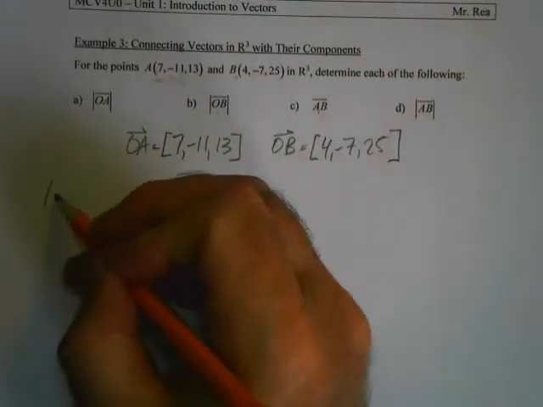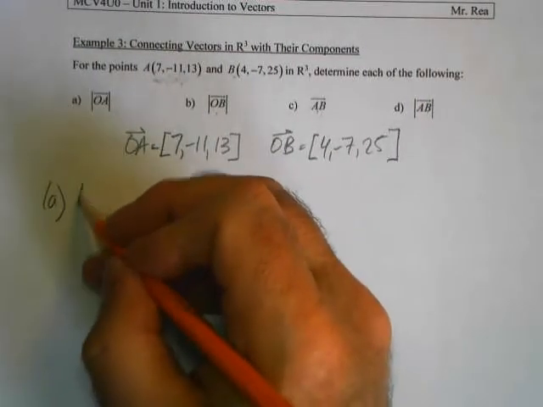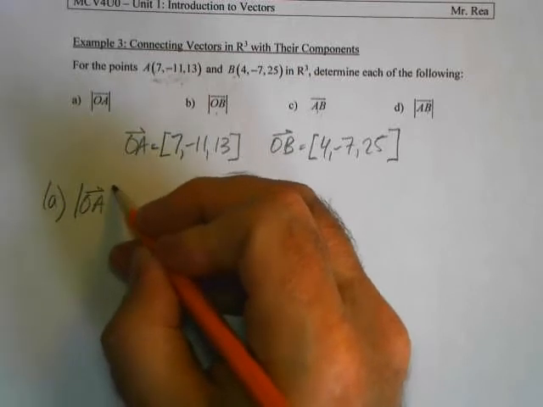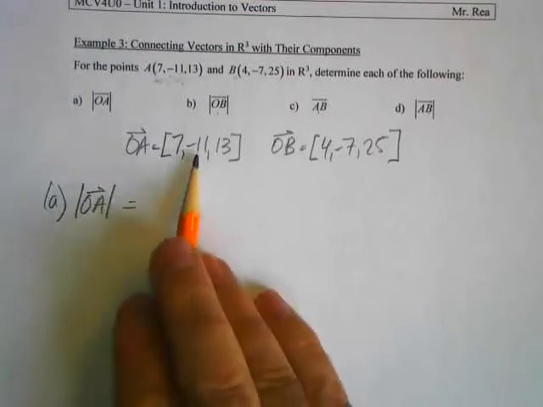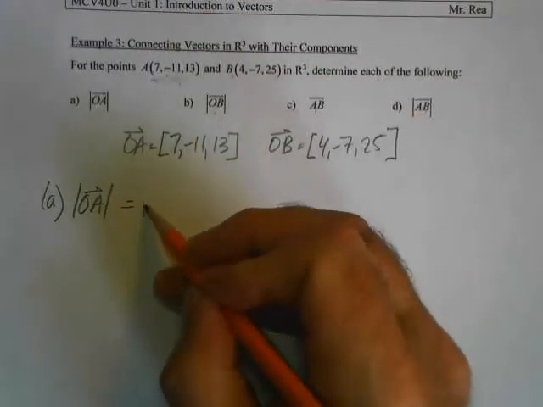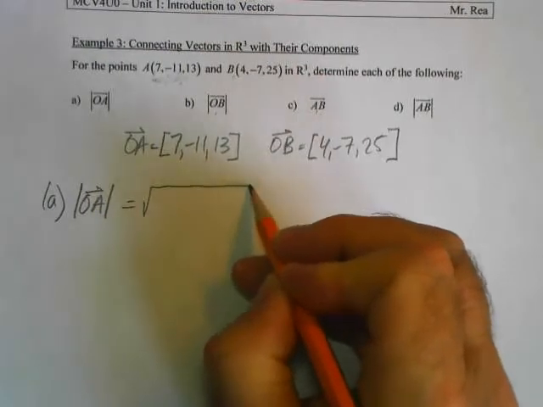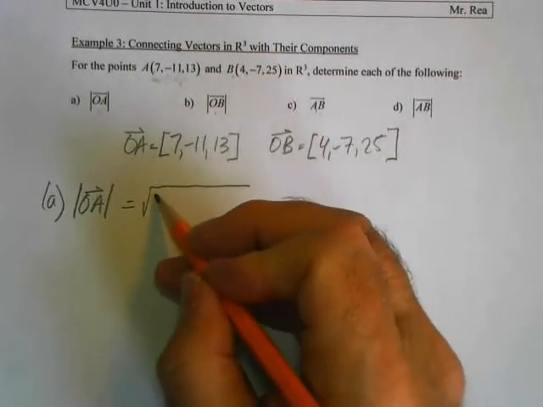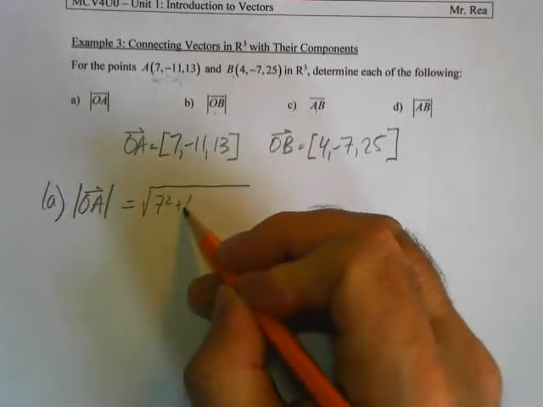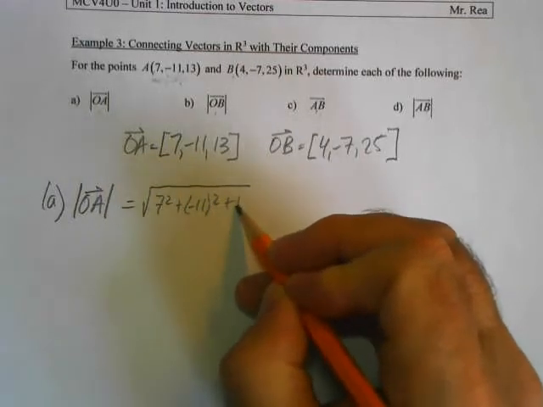So the first calculation we want is the magnitude of vector OA. And once we know the components of the vector we're getting the magnitude of, it's just the sum of the squares of each component and then square rooted. So it's going to be 7 squared plus -11 squared plus 13 squared.